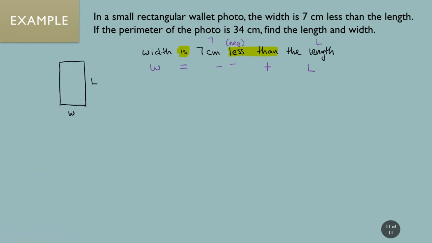So I'm going to put a -7. So that's how I translate something like this. So I have than becoming a plus, and then the less tells me I'm going to use a -7. So that translates that. So I have W equals -7 plus L. So I can label this. My W is actually -7 plus L. So I'm going to just relabel my picture with that.